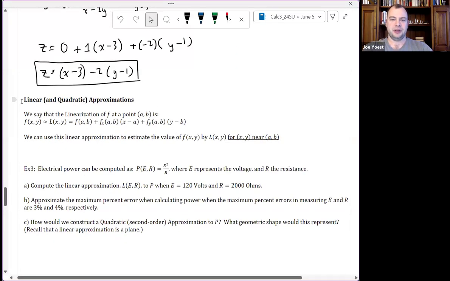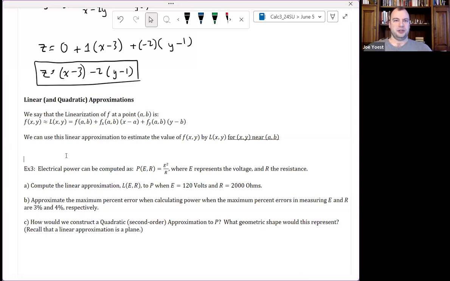Okay, so moving on to linear and a little bit on quadratic approximations. This is all going to build on the same mathematics we just did, this idea of the tangent plane. We're just shifting perspective a little bit.